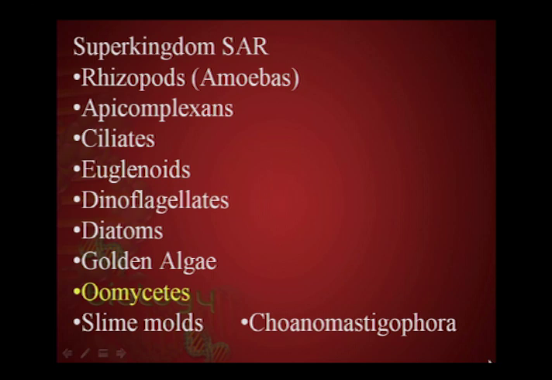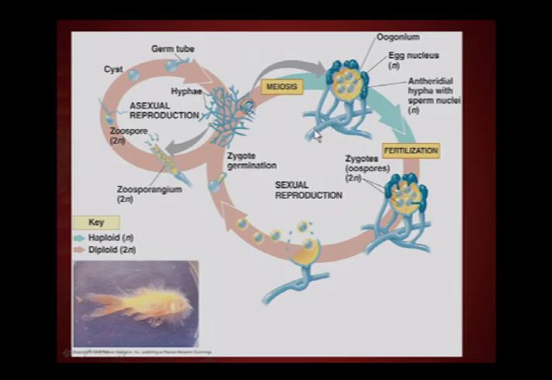And then the Oomycota are a fungal-like group. And I mention them because they are significant pathogens, for example, of plants. The potato blight that originally afflicted Ireland, for example, is caused by the Oomycota. They form thread-like structures that are called hyphae. The mass of thread-like structures is known as a mycelium.